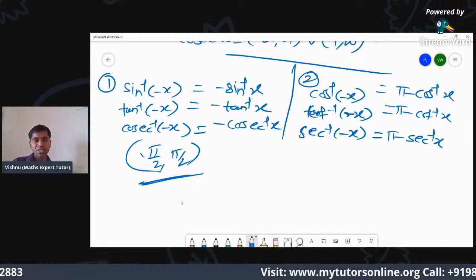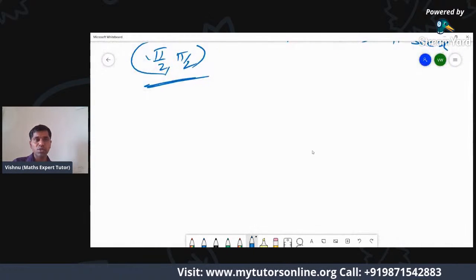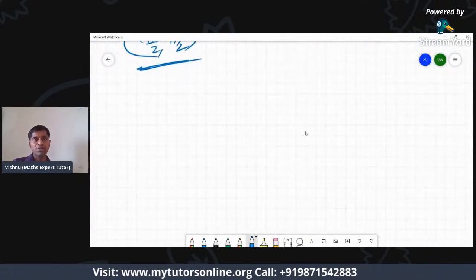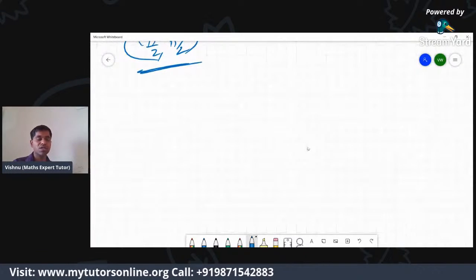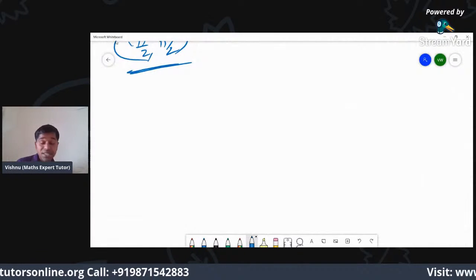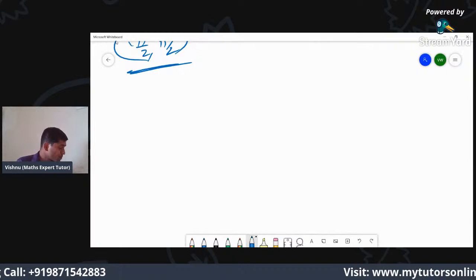So both the correlations are there. When the angle is negative, they also behave in the same way, and for the range also they are behaving the same way.